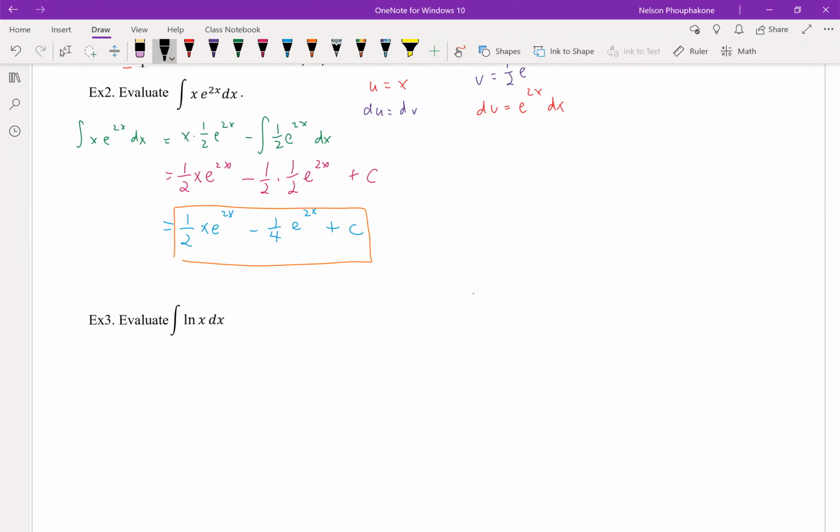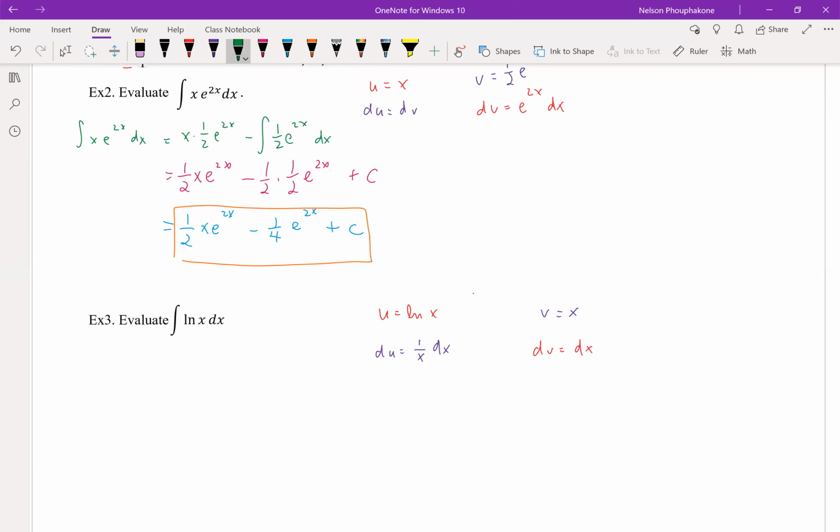What I'm going to do here is let u equal natural log of x, and let dv equal dx. Then I will have v equal to x, and du will be 1 over x dx, right? So this is what we're going to have.